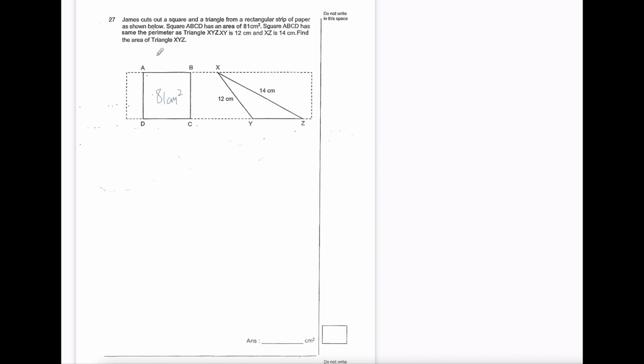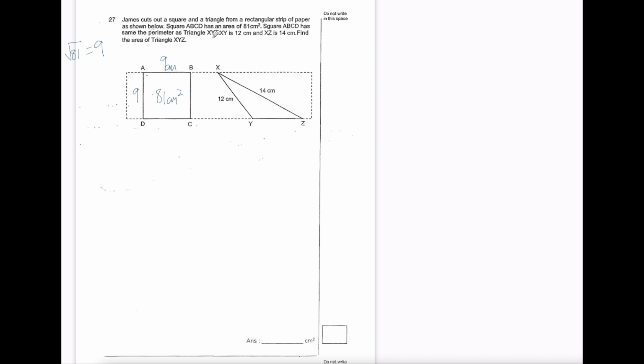There's only one option, which is 9 times 9. That means each side is 9 cm. Because this is paper 1, we can't use a calculator, so we have to calculate it ourselves. In paper 2, if we see something like that, we can straight away type square root 81. But it's not too hard. We know our multiplication table, so let's move on.